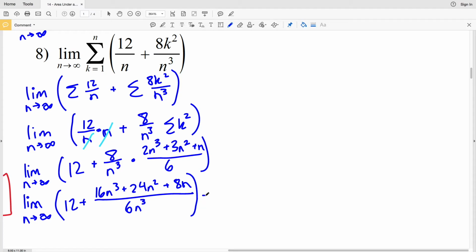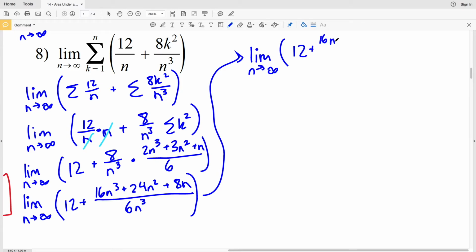Now I'm going to split up those fractions in order to simplify. So the limit as n approaches infinity of 12 plus 16n cubed over 6n cubed plus 24n squared over 6n cubed plus 8n over 6n cubed.